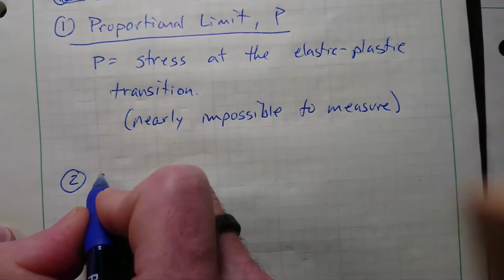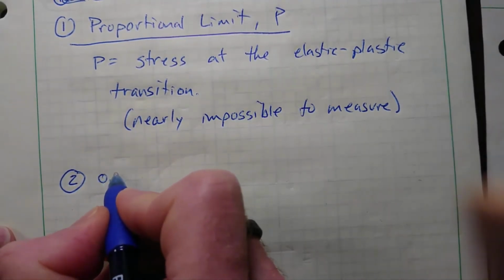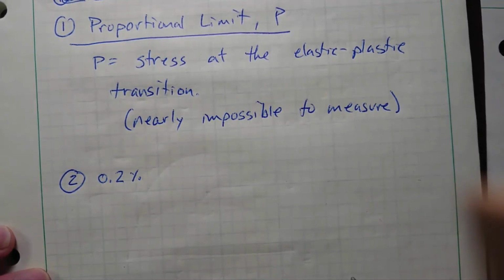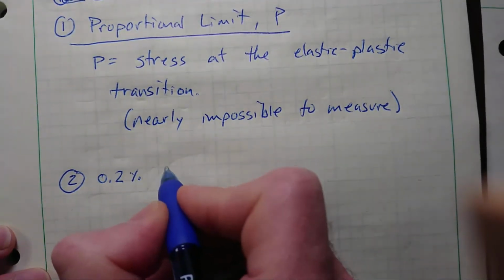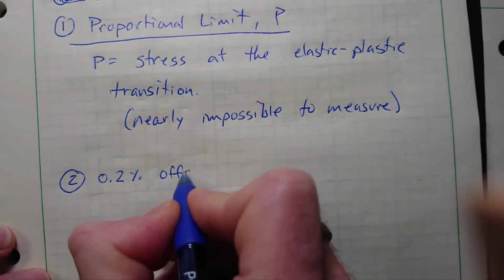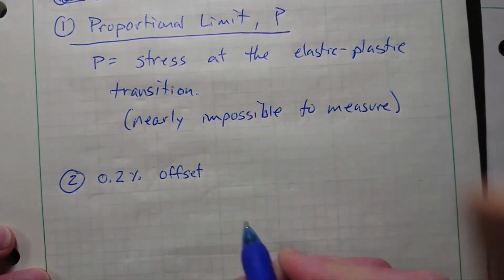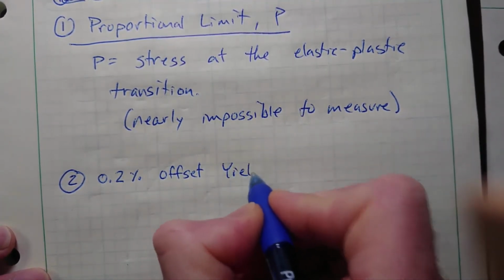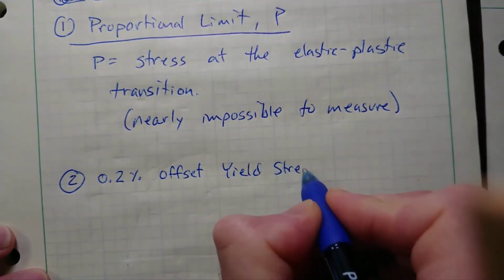Instead, around the world, at least in the United States predominantly, we use a definition for yielding beginning at the 0.2% offset yield stress. So 0.2% offset yield strength.